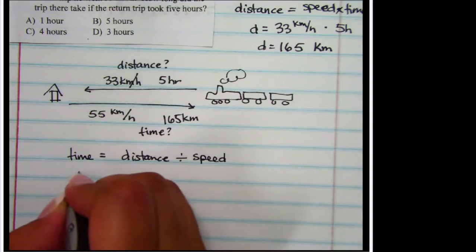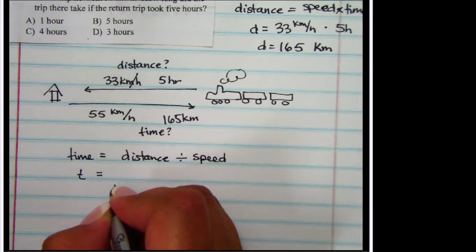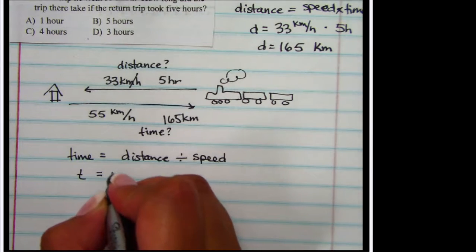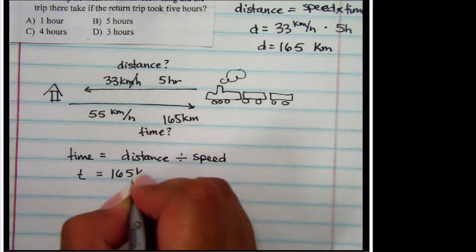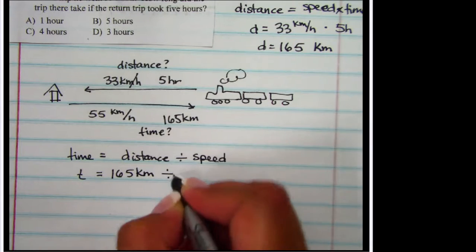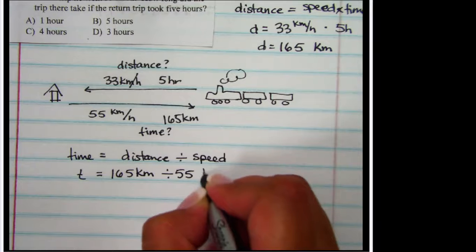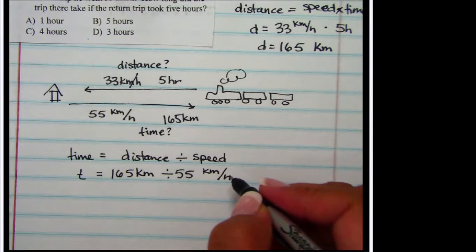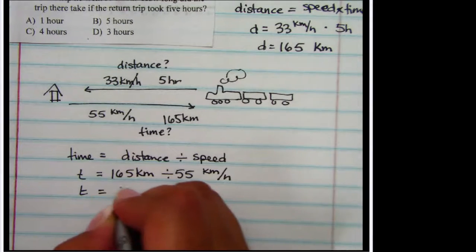And so the time it is going to take this gentleman to go to the train station from his house is 165 kilometers divided by 55 kilometers per hour. Looking at my handy dandy calculator, that calculation comes out to 3.